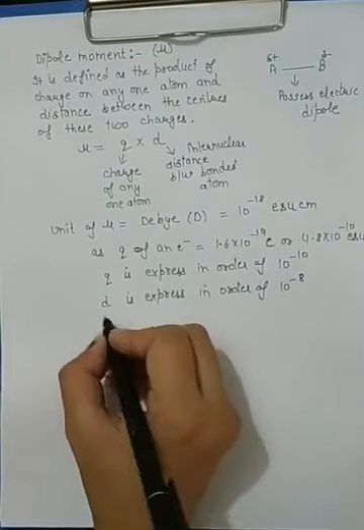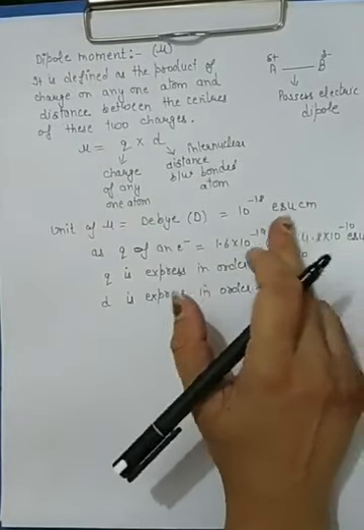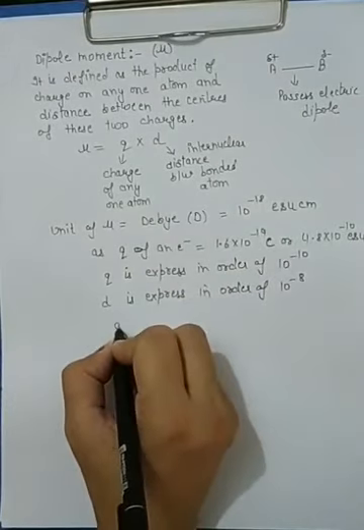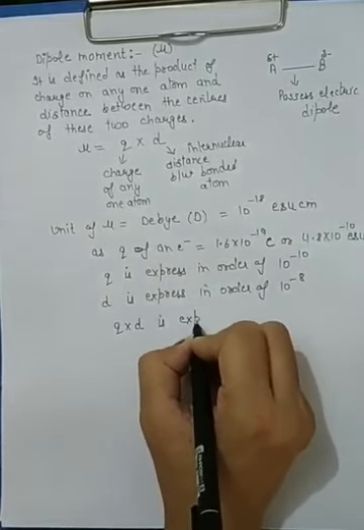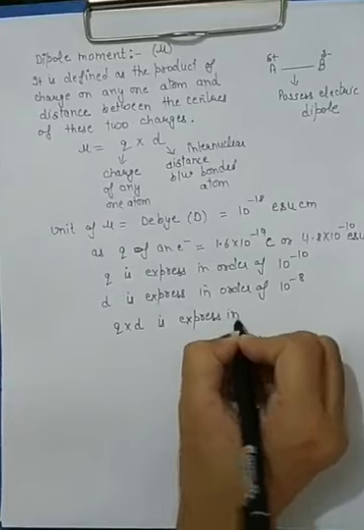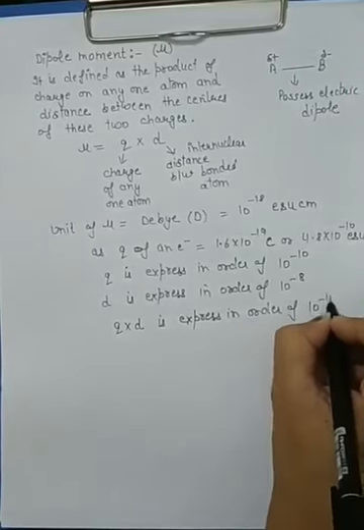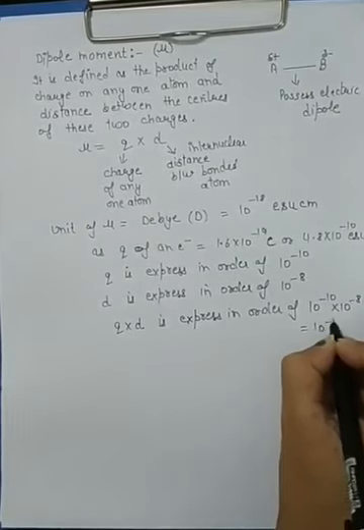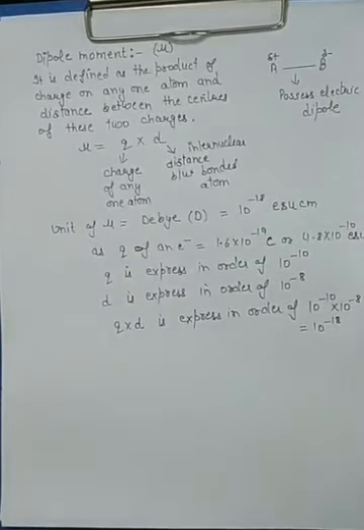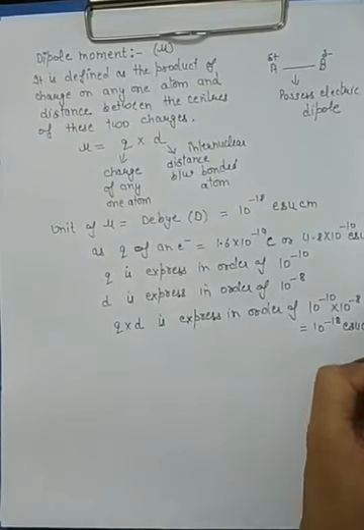So here Q multiplied by D is expressed in the order of 10 raised to power minus 10 multiplied by 10 raised to power minus 8, that is 10 raised to power minus 18, and units are ESU centimeter.